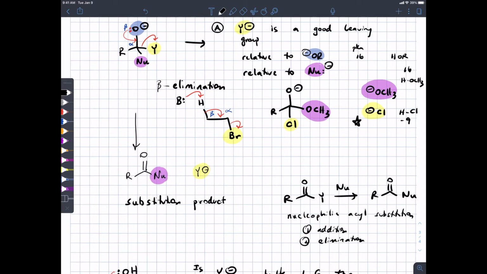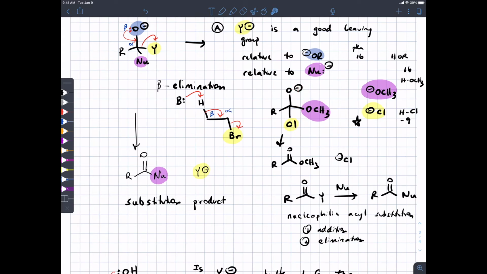That's question number one. The second question is, is this negatively charged oxygen a strong enough internal nucleophile to kick off the leaving group? Notice what happens when that kicking off occurs. We trade a negatively charged oxygen for a negatively charged Y group. So if this negatively charged Y group is more stable than this negatively charged oxygen, then you expect this reaction to occur.